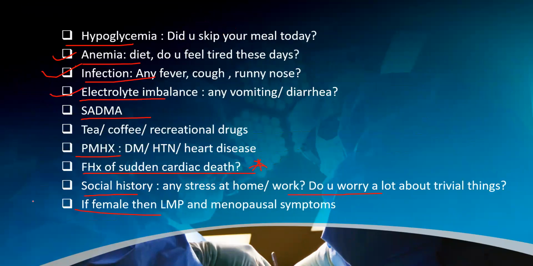Then you ask about anemia, infection, and lastly, you finish with social history to rule out stress. You ask anxiety-related disorder questions. You ask about SADMA, tea, coffee, past medical history, and family history. If you remember it in this way, there is no way you will forget anything.